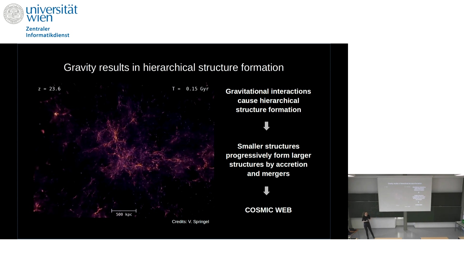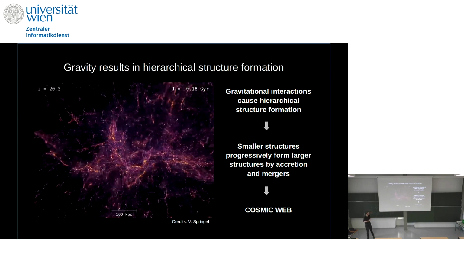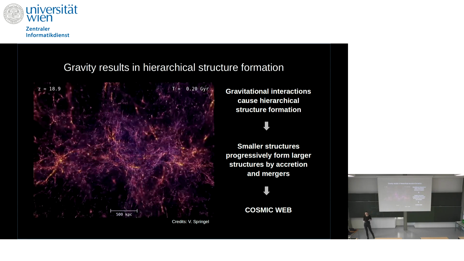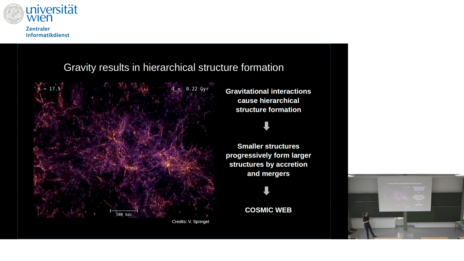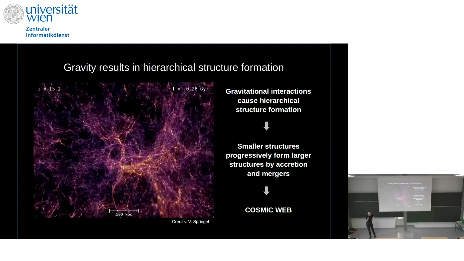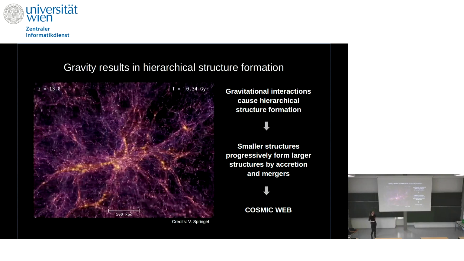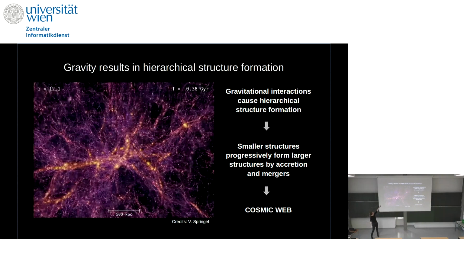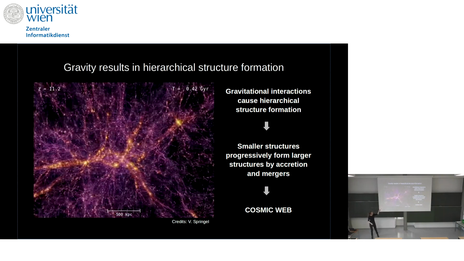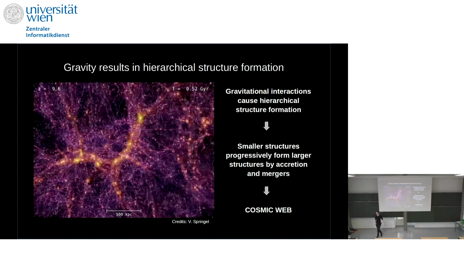The key thing about gravity is that it has long range, and it introduces hierarchical structure formation. What do we mean by this? Hierarchical basically means that you form small structures and they progressively form larger structures. I think this is what you can also see. You have a lot of small filaments, but then you have these large filaments starting to form.